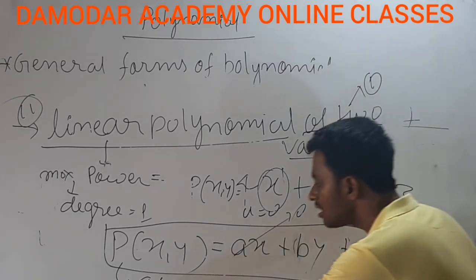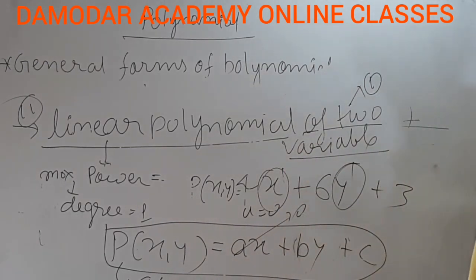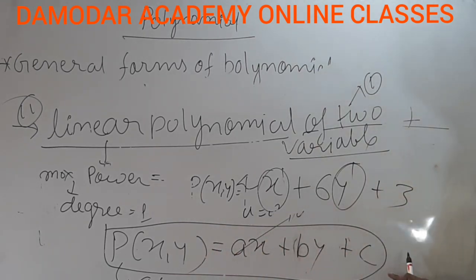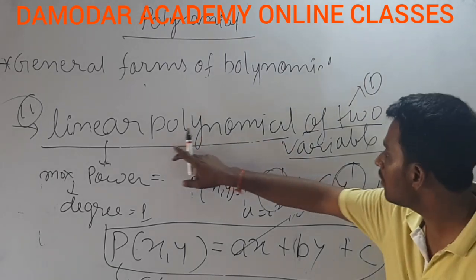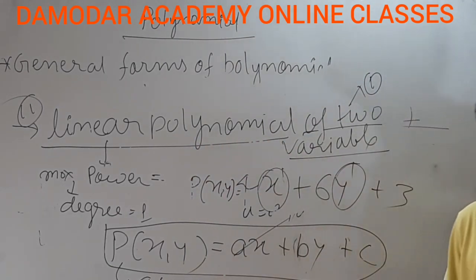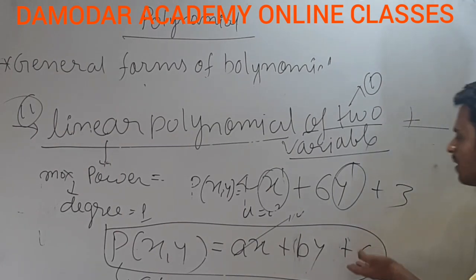So this condition must be remembered by you, that ax + by + c is the general case of a linear polynomial of two variables in which a and b are not equal to 0. c may be equal to 0.